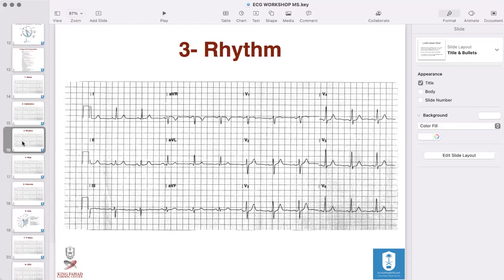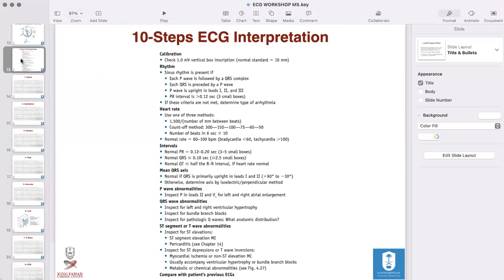Third thing to do is rhythm. Okay, and for rhythm, you want to make sure there are 3 things that have been met to say this is a sinus rhythm. 1, each P wave is followed by a QRS complex, and each QRS is preceded by a P wave.